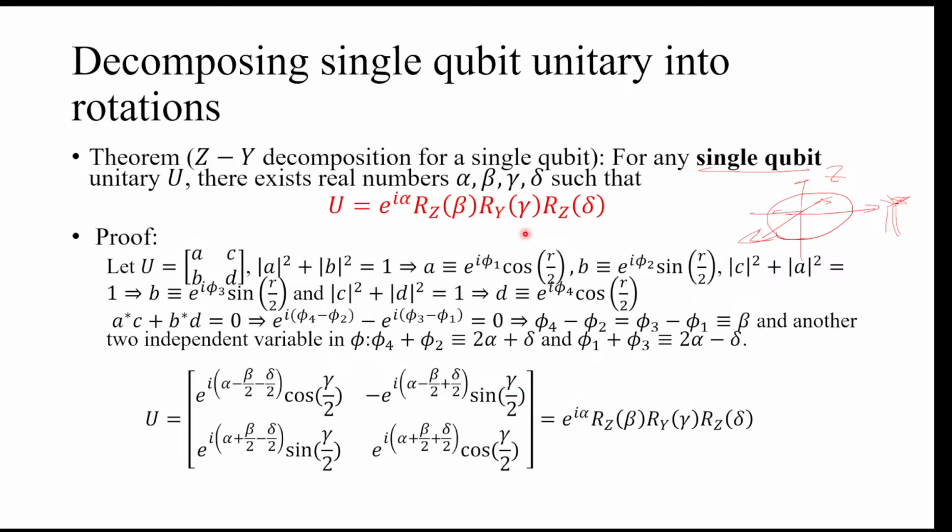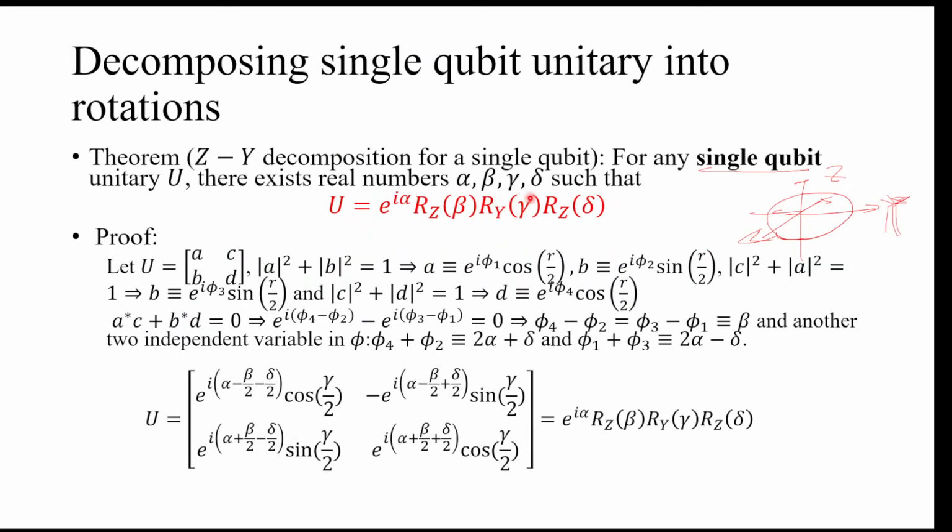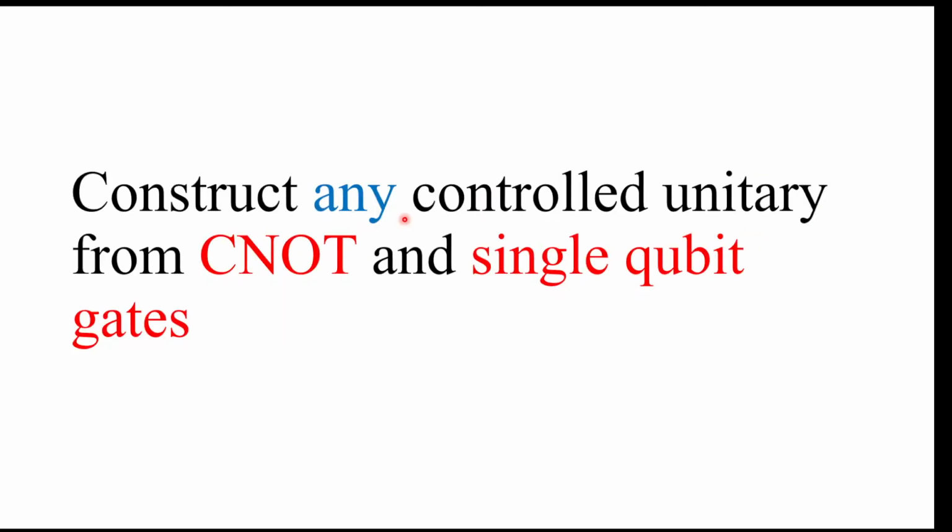Anyway, the proof is not too interesting, but we have this result, and we are going to use this to do a lot of things. One more thing we are going to use it for is to do controlled unitary. So this is what we are going to do now. With this theorem, we can construct any controlled unitary using CNOT gates and single qubit gates.